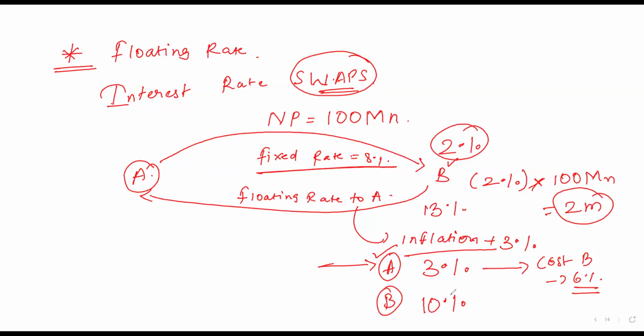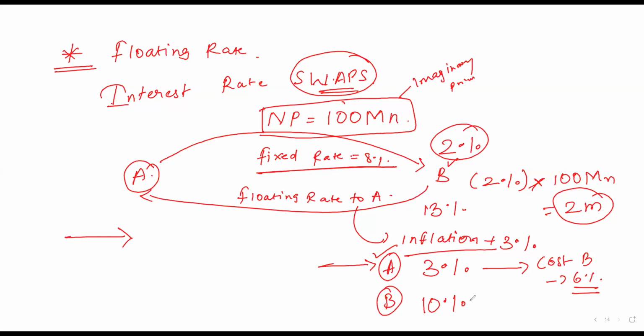Now, if the inflation is 10%, there are other factors as well. It may also be linked with a market reference rate. Notional principal is an imaginary principal. So this 100 million is neither paid by A nor by B. On an imaginary principal, what's the floating rate B is giving to A?